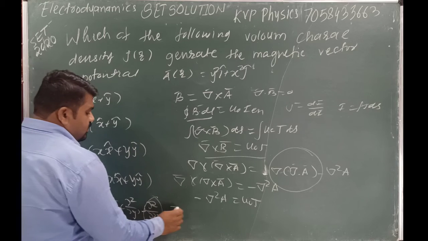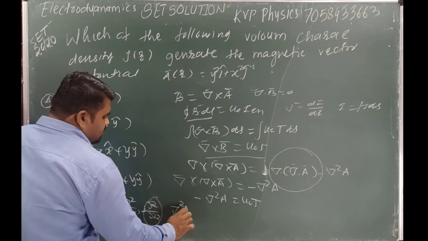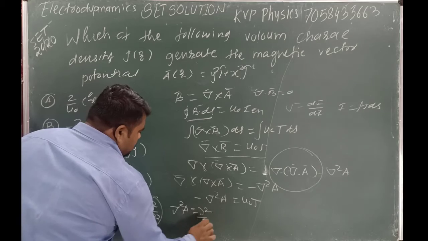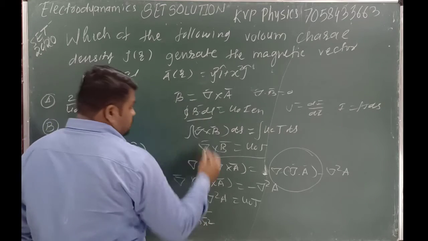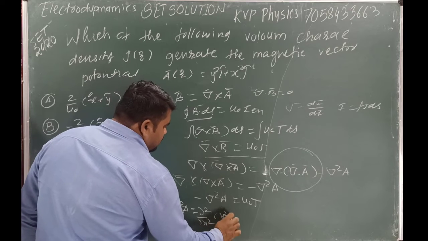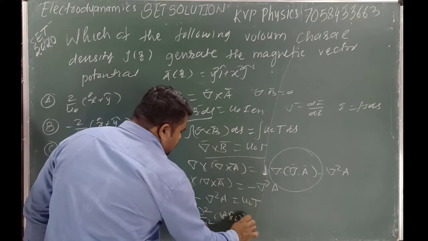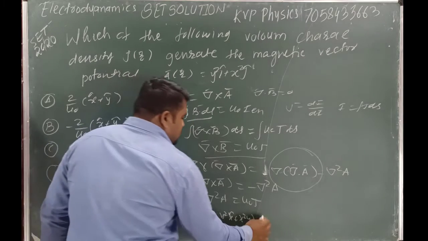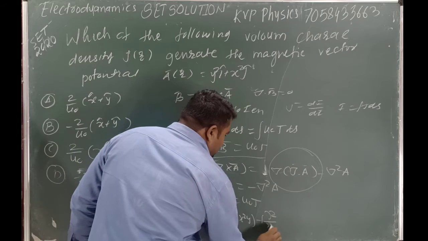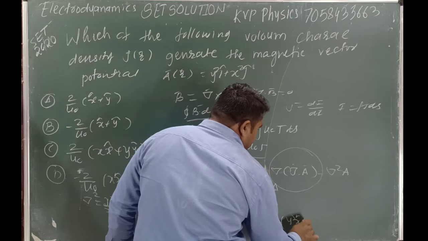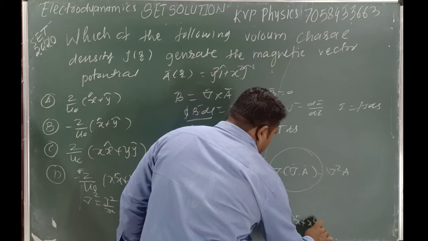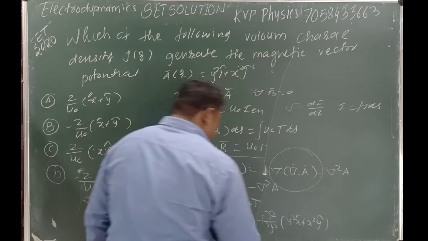Del square A is double square upon double x square of y square x cap plus x square y cap, plus double square upon double y square of the same.